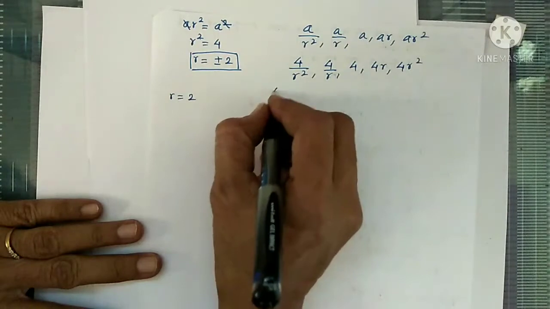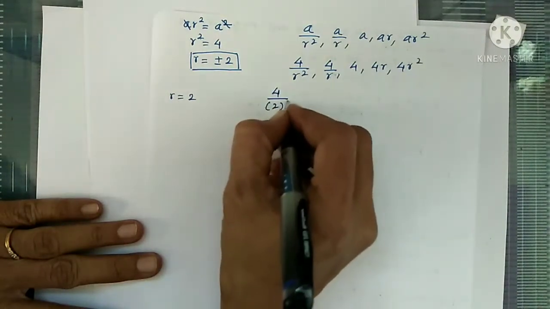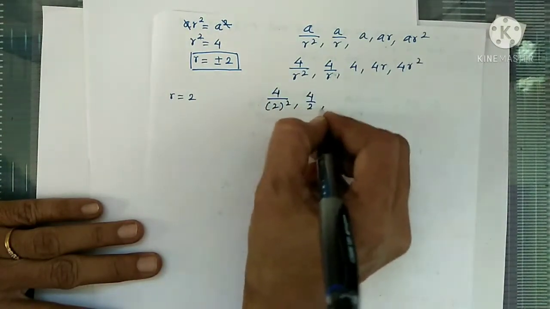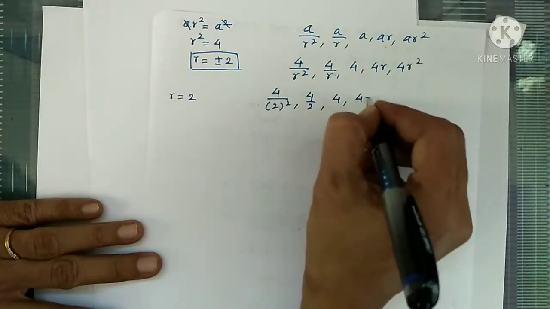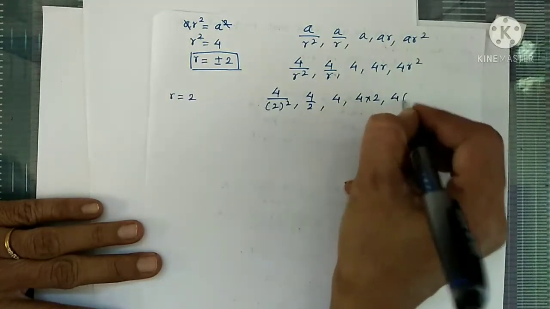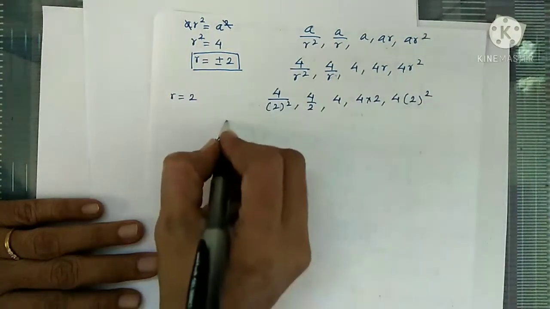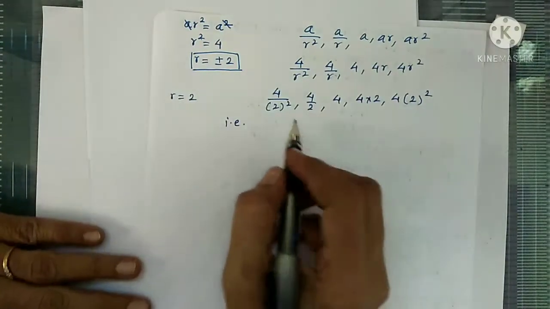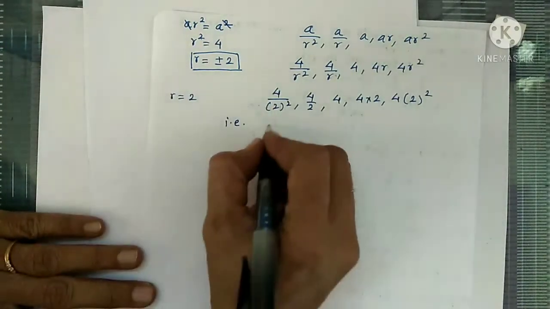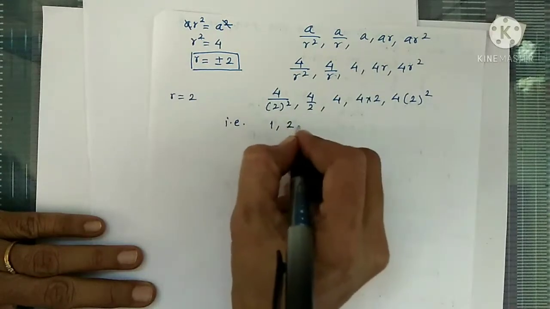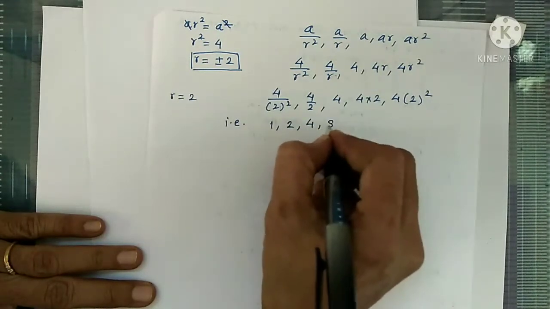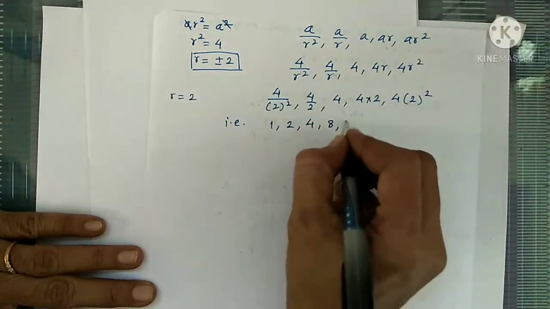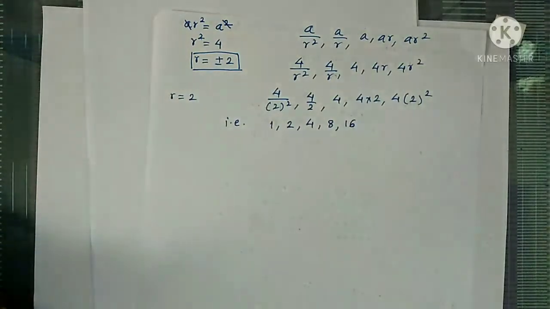So substituting R equal to 2, we get 4 upon 2 square, 4 upon 2, 4, 4 into 2, 4 into 2 square. Simplifying, we get 4 by 4, that is 1, 4 upon 2 is 2, then 4, then 4 into 2 is 8 and 4 into 4 is 16. So the numbers are 1, 2, 4, 8, 16.